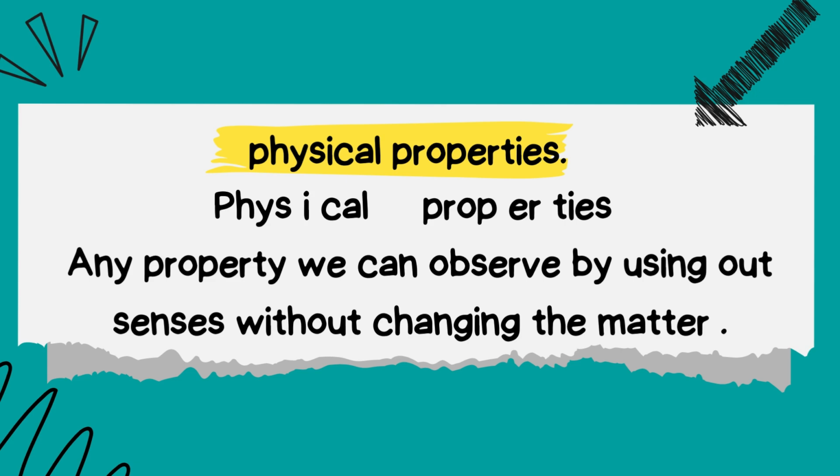Any property we can observe by using our senses without changing the matter is called a physical property. Examples of physical properties are shape, like the shape of crystals or particles, color, texture, and odor. All of these are physical properties. We can observe these properties by using our senses without any change in the matter.